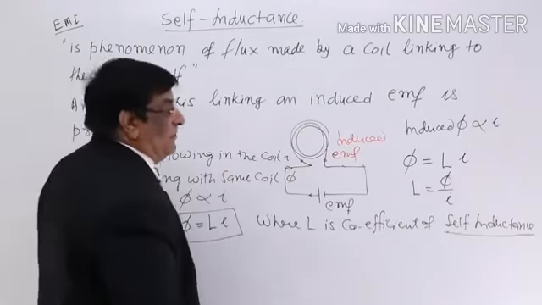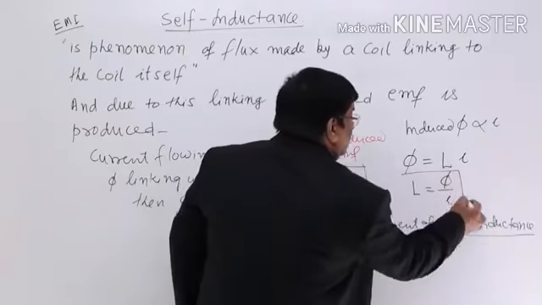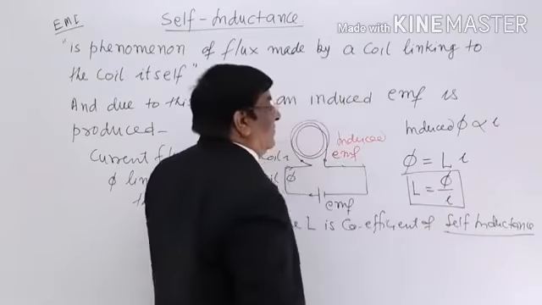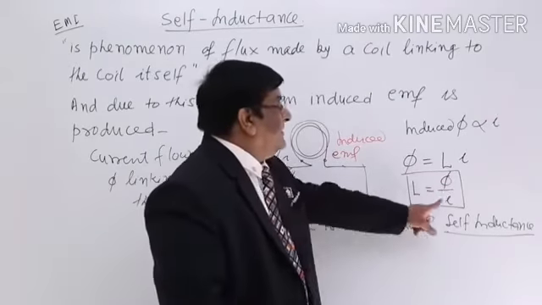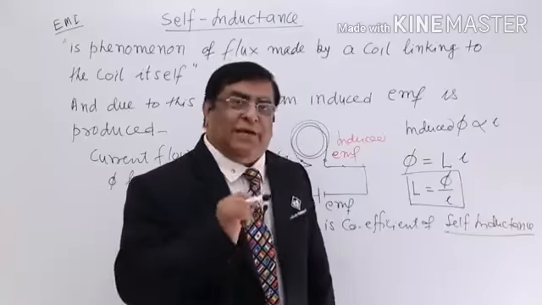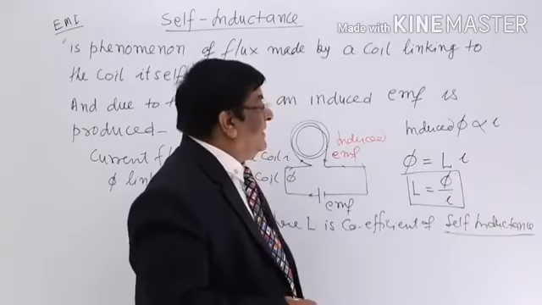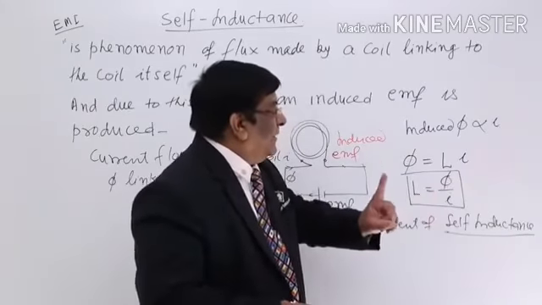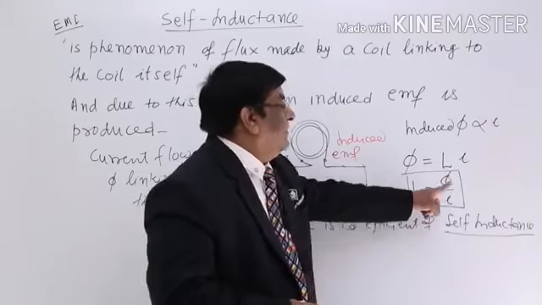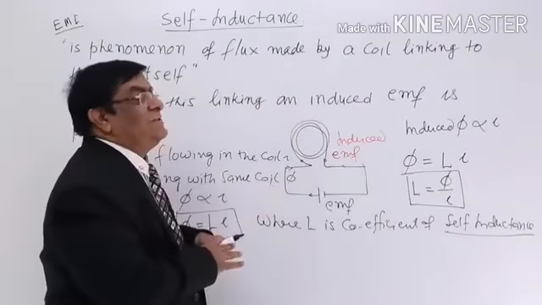And L is equal to what? L is equal to phi upon I. Coefficient of self-inductance is phi upon I. Can we define it in words? Answer yes. If you make current equal to 1 ampere, then L is equal to phi. And this gives us the definition.